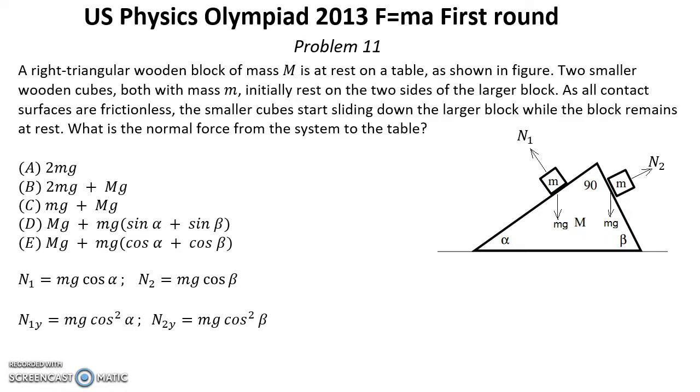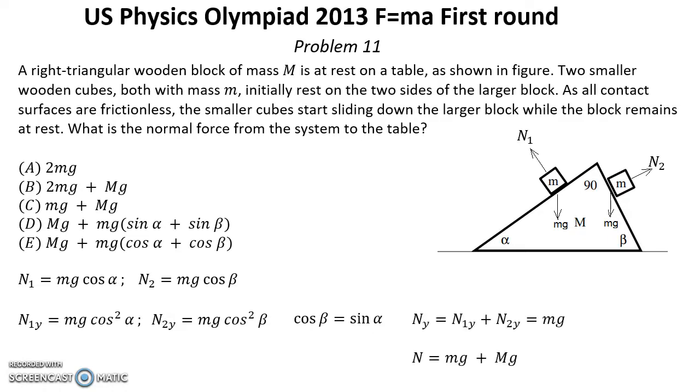But because we have a right triangle, cosine beta equals sine alpha. It means that the total force from the two blocks on this triangle block in the vertical direction equals just mg.